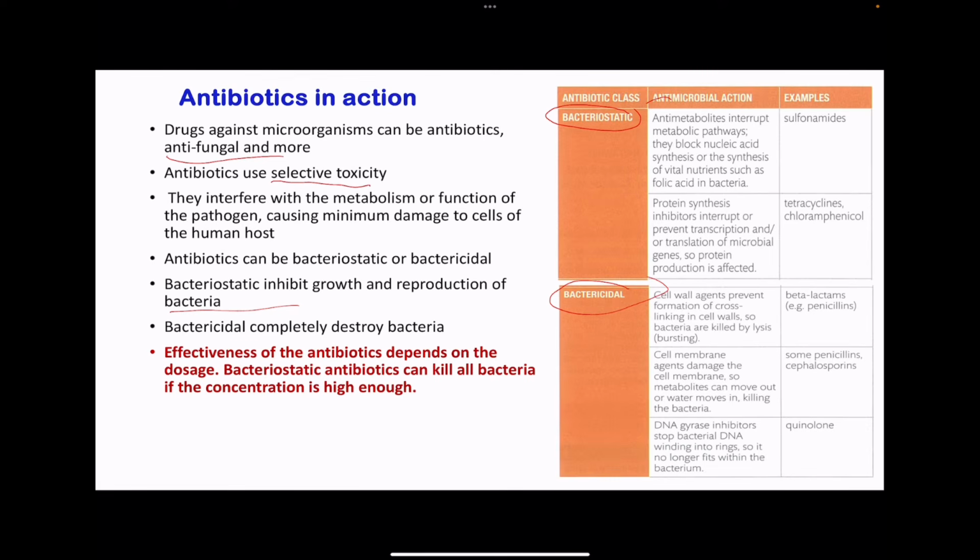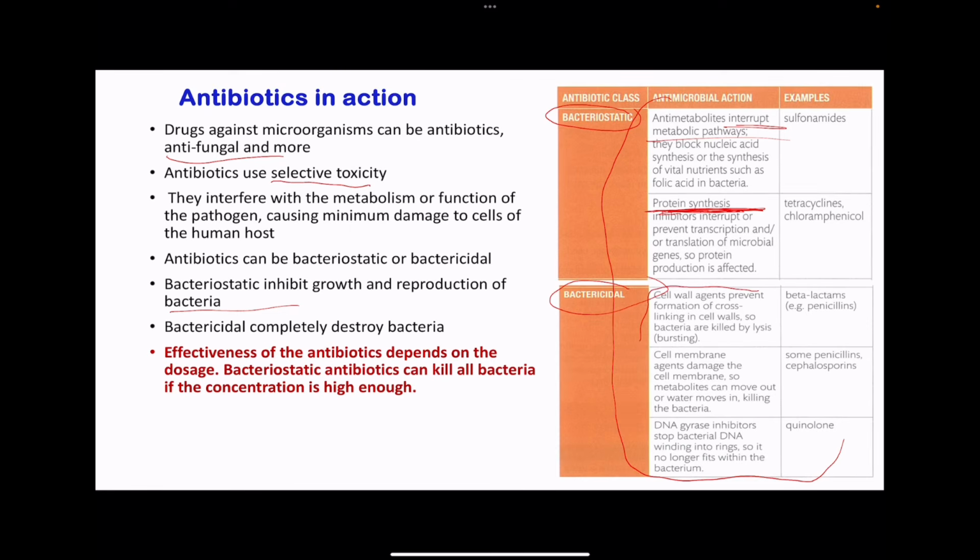And again, we can see how they work by looking at this. Some of these interrupt metabolic pathways by blocking maybe nucleic acid synthesis, meaning DNA won't be made, and if DNA is not made, then replication cannot occur and mitosis is going to be prevented. The others can inhibit protein synthesis by maybe preventing transcription as well as translation, and that is going to affect the cells in some way.